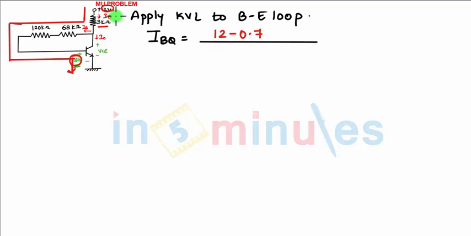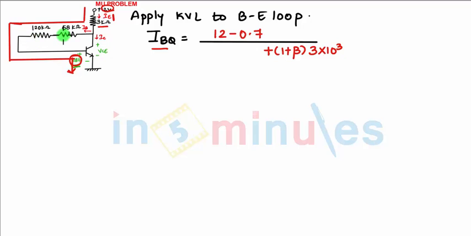Now you have 3K, and the current flowing through 3K is IE, but we are writing IBQ. So we multiply by 1 plus beta for the 3 kilo ohm resistance. Since the type of resistance is not given, we directly write it as 3 into 10 raised to 3, that is 3 kilo ohms.